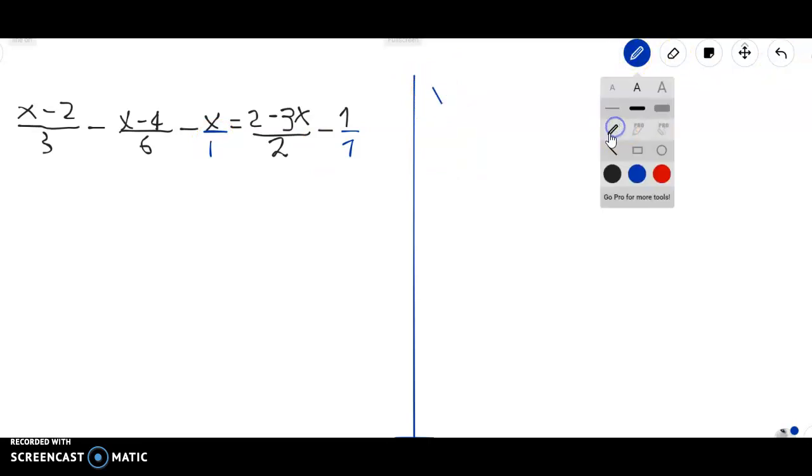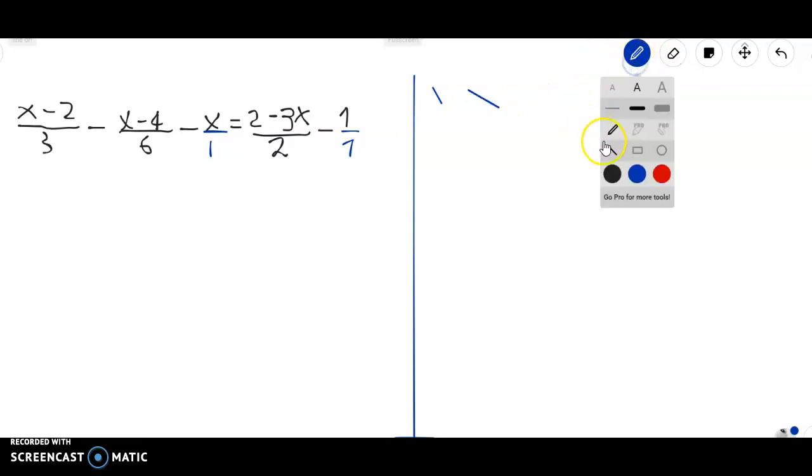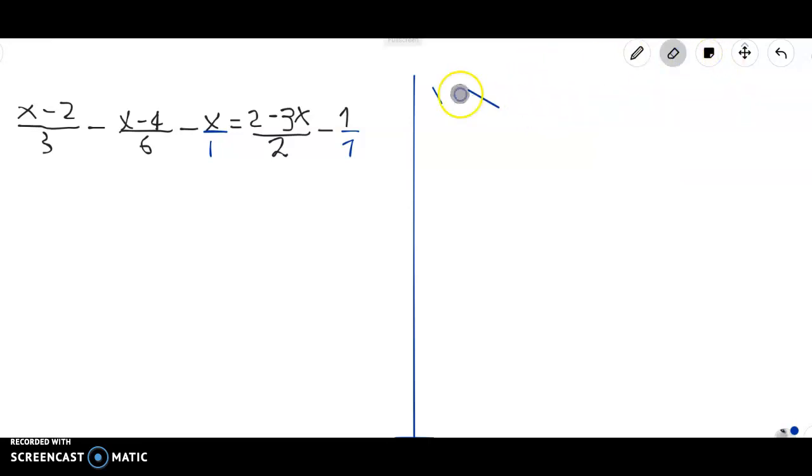So the first LCD between 3, 6, and 1, what will be the LCD between these numbers?